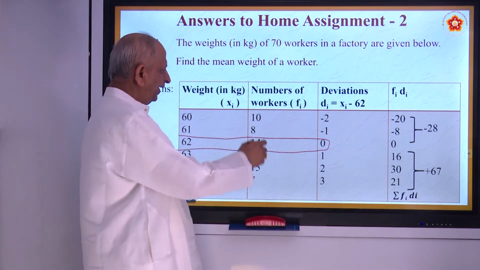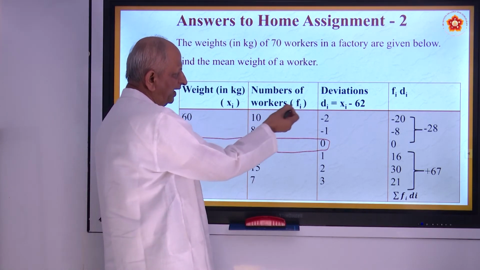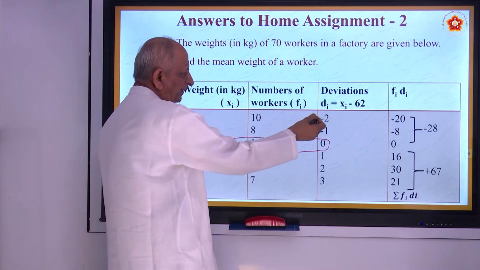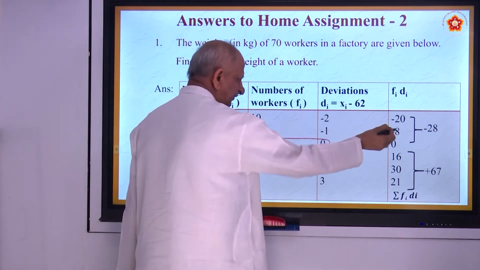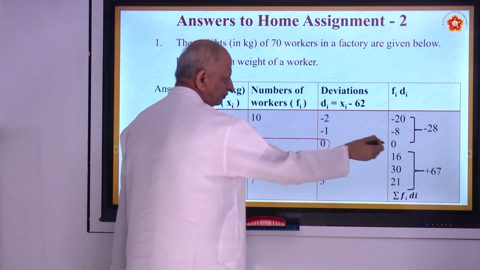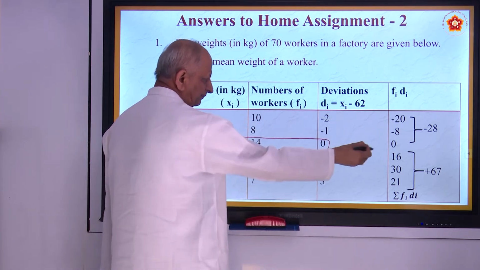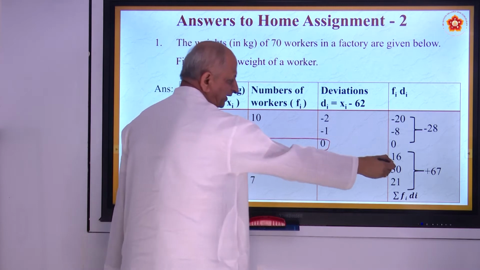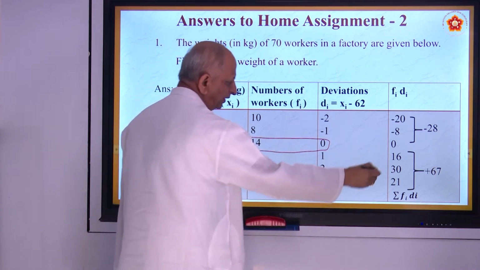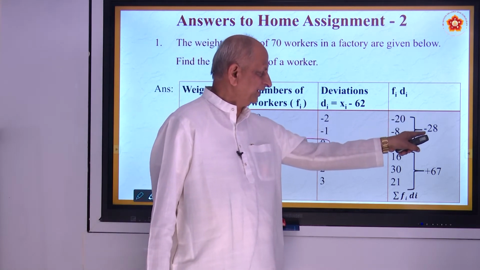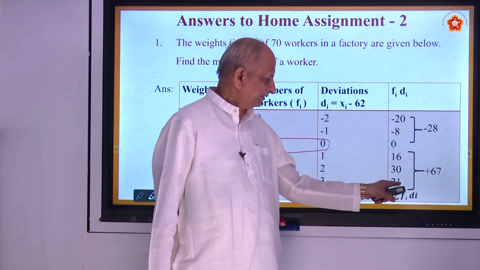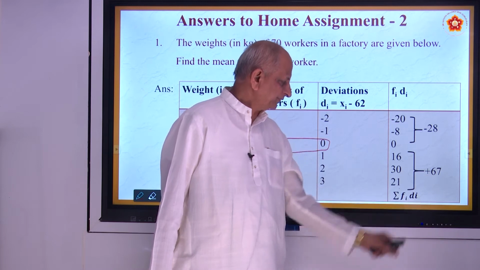Next one is fi di. fi di is the product of frequency and deviation. 10 into minus 2, minus 20. 8 into minus 1, minus 8. 14 into 0, 16 into 1, 15 into 2, 30. 7 into 3, 21. Now here the negatives add up to minus 28, and the positives come to 67.